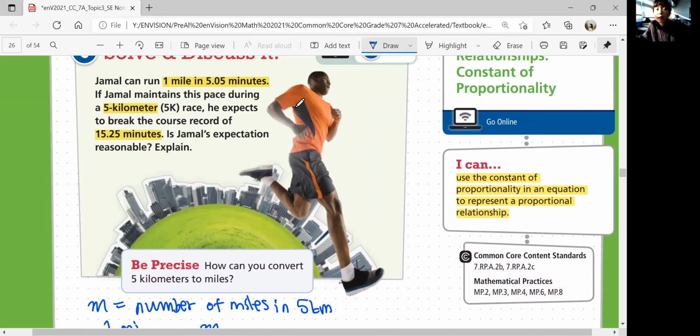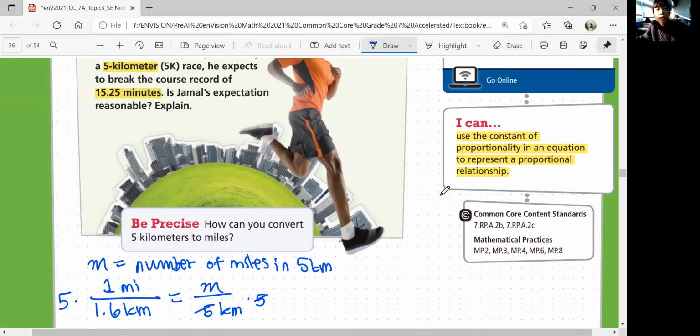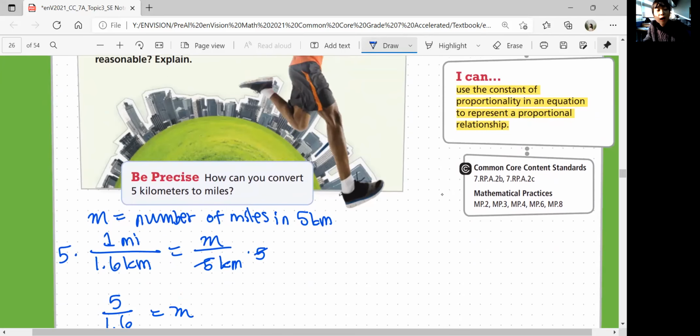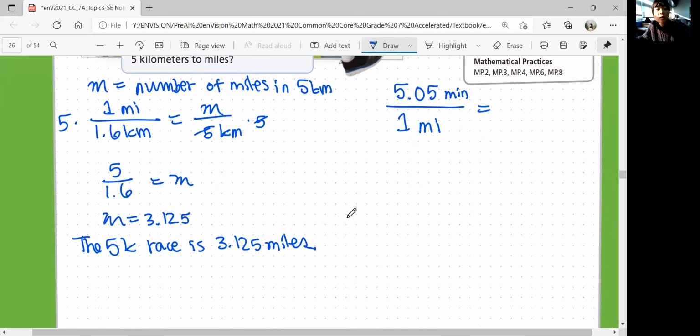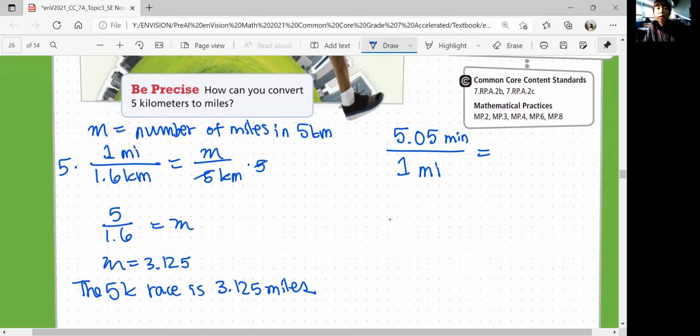Using this information, we need to set up a proportion to see if he maintains this pace, will he be able to finish it in 15.25 minutes? Now we have a 5K race, and we're going to use the speed. He runs 1 mile in 5.05 minutes, and you want to set up a proportion that's equivalent to 5K, which is 3.125 miles.